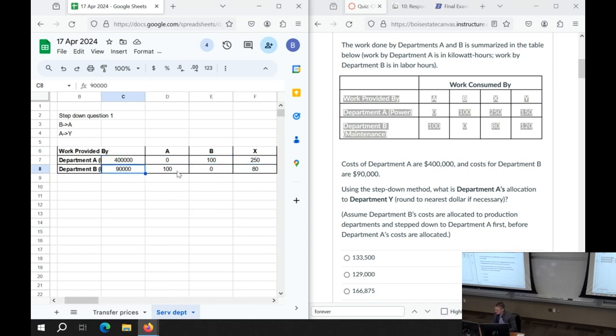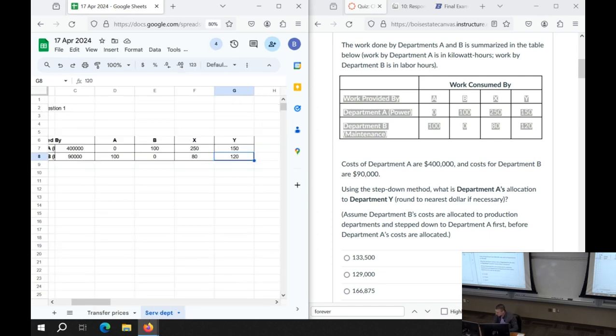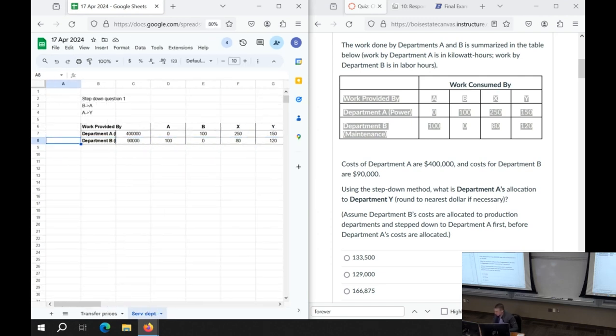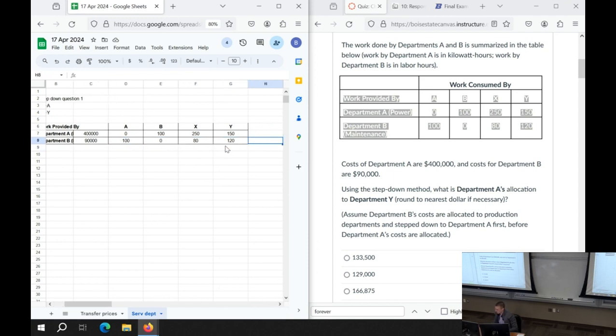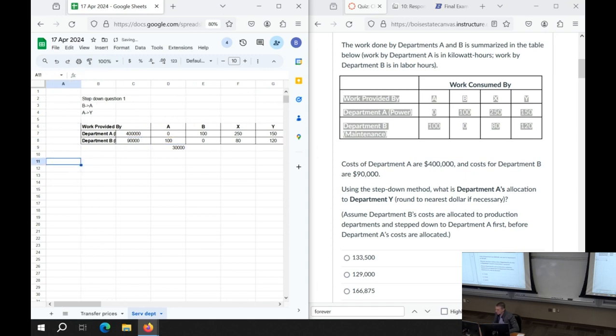Okay, so B does the allocation first. It's the top step department, so it's going to allocate all $90,000 to everything that has a number here. So 100 over 300 of that, so 1/3 of it, is going to go to A. So we have a 30,000 credit to Department B and debit to Department A.